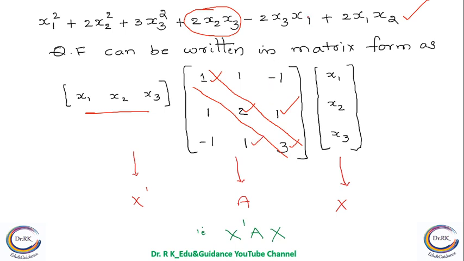Next, minus 2x3x1: this is x1, x3 and this is x3, x1, so half of it, minus 1 here, minus 1 here. Next, 2x1x2: this is x1, x2 and this is x2, x1, and we distribute this equally, therefore 1 here and 1 here. So we first take the diagonal elements, which take care of the square terms, then distribute the remaining terms equally, so that, as discussed earlier, this is always a symmetric matrix.